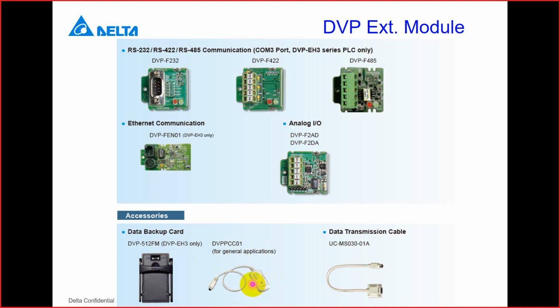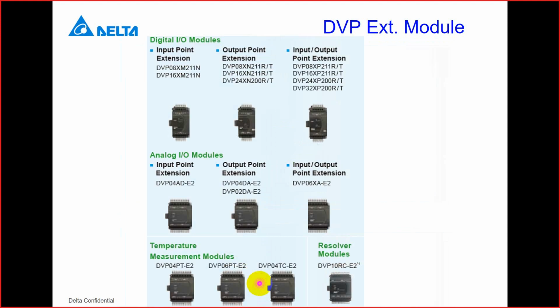This one is actually quite a convenient tool in the past because this one is for those customers who use DVP PLC and they don't want to use the laptop to download program, so they can use the DVP PCO CO1 to download a program to the new PLC without using a laptop.